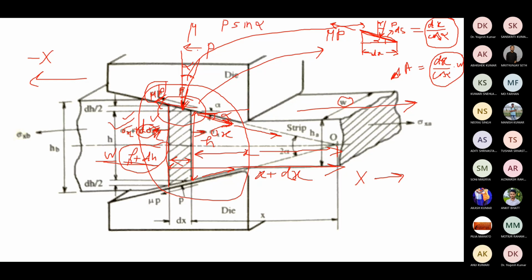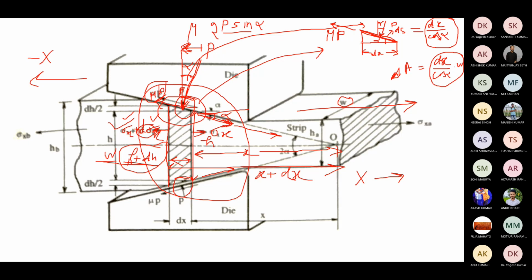The value will be P sine alpha, right? Because this angle is alpha and this value is P. So the component in the x direction will be P sine alpha. This will be acting at the upper die, as well as the same amount of force acting in the lower die. So this will become twice P sine alpha.